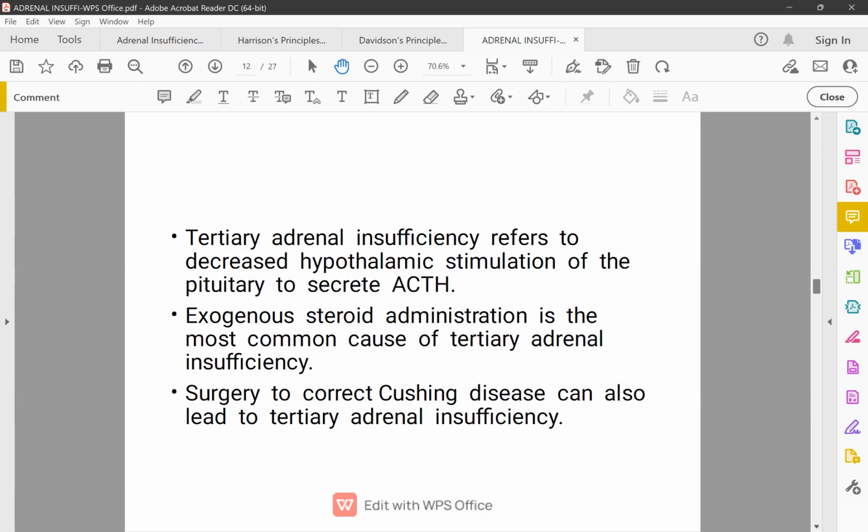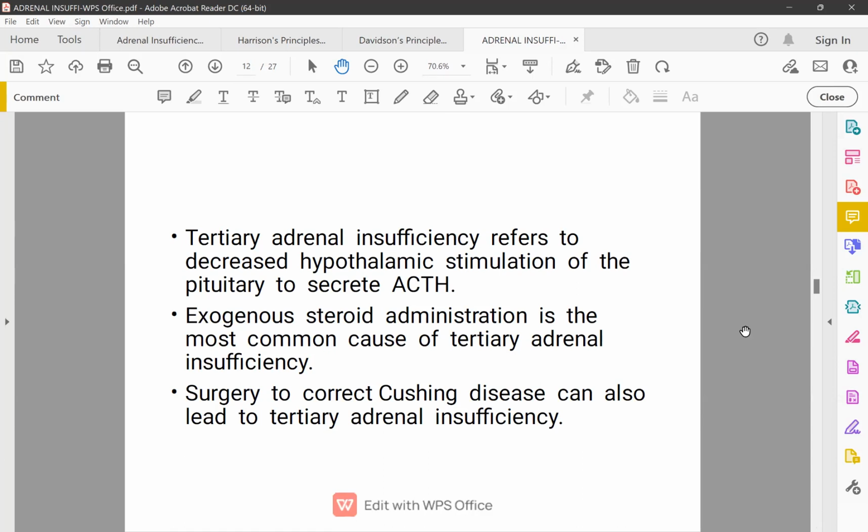Exogenous steroids not only suppress the adrenal gland, they also suppress ACTH, they also suppress CRH. The commonest cause of tertiary adrenal insufficiency, suppression of CRH, and through that suppression of ACTH and suppression of the gland, is exogenous steroid.